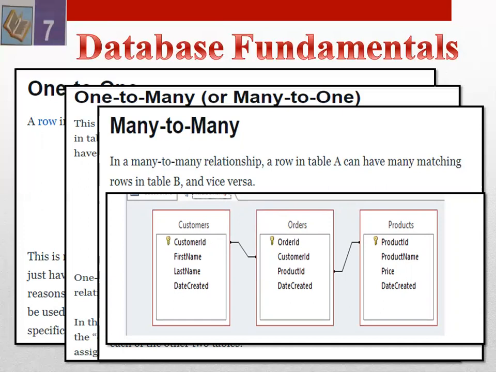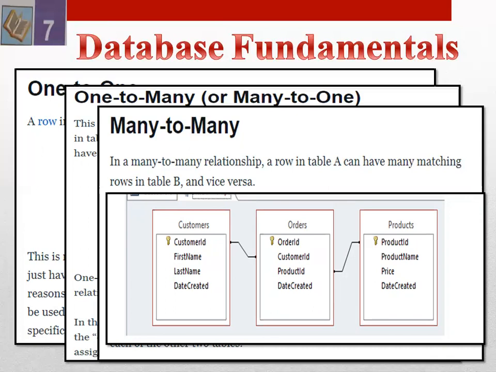So here you can view in the order table, we have a field called customer ID and another called product ID. The values that these fields contain should correspond with a value in the corresponding field in the reference table. So any given value in the orders customer ID should also exist in the customer ID field of the customer table.